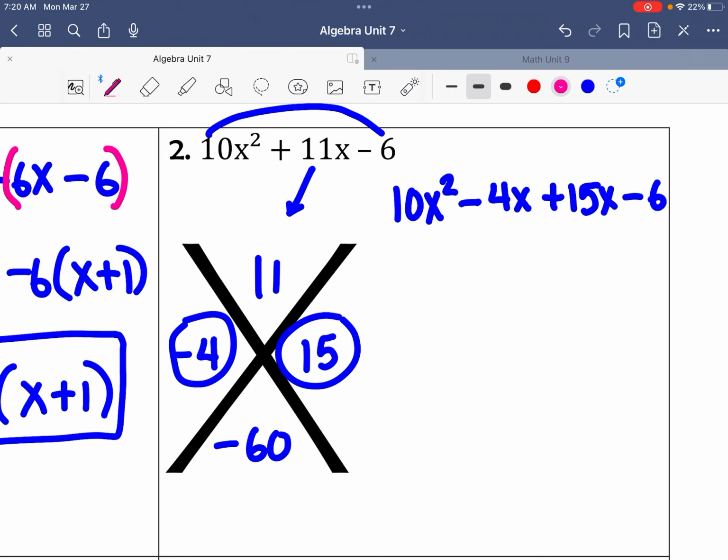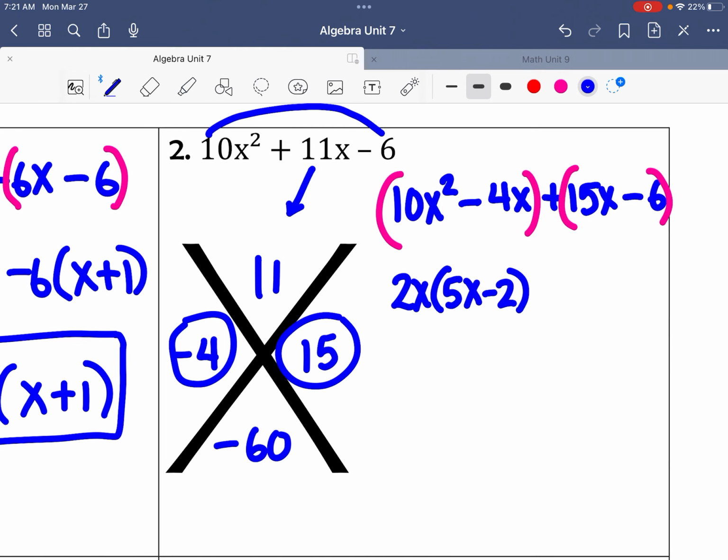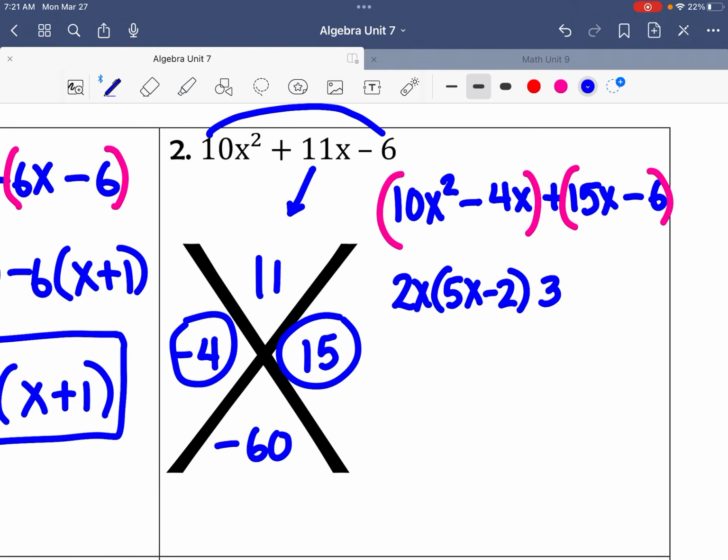And again, all I have to do now is factor it by grouping. Pull out the greatest common factor here. It's going to be 2x, which leaves me 5x minus 2. And here it's going to be 3, which leaves me 5x minus 2.